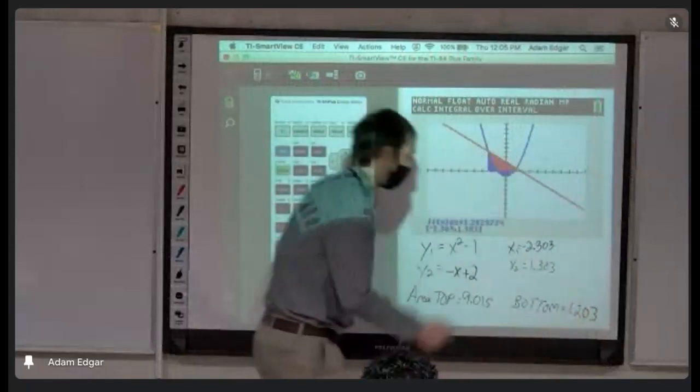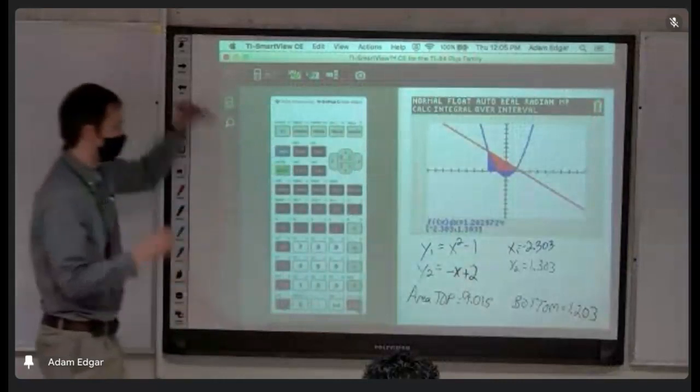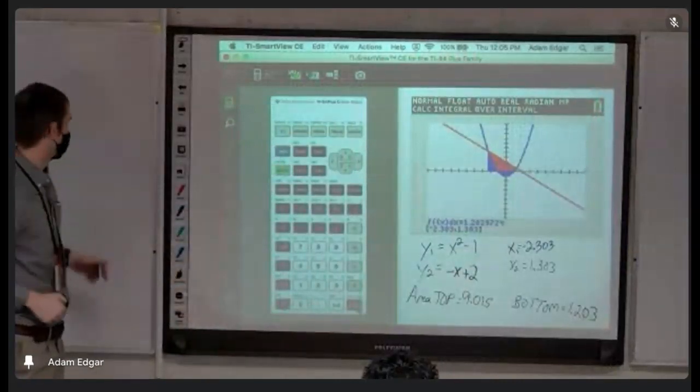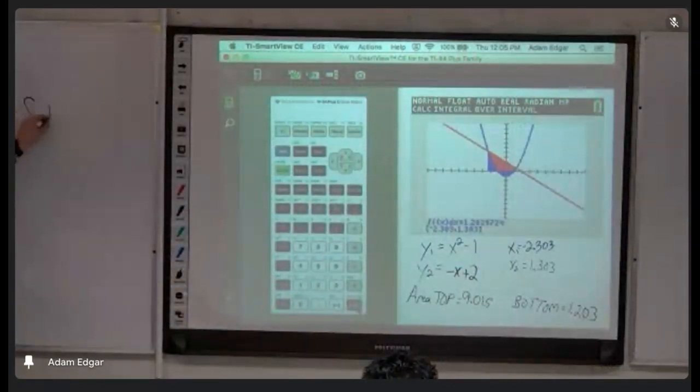And then you subtract it, because a normal integral is integral of the top minus the bottom. Because they don't switch positions over this interval, it's always the red line on top and always the blue line on the bottom. We don't need to worry about having to switch. We just get integral of the top, integral of the bottom, and subtract them, because integral of top minus bottom is the same as integral of top minus integral of bottom.